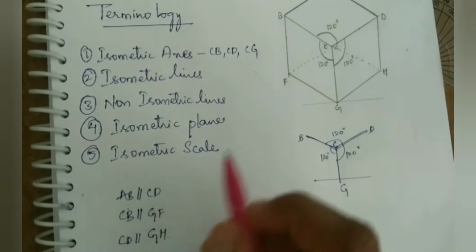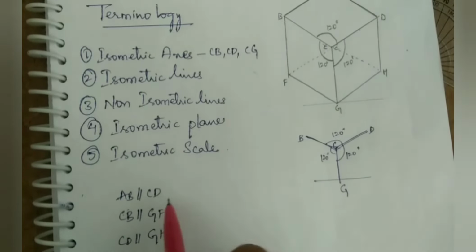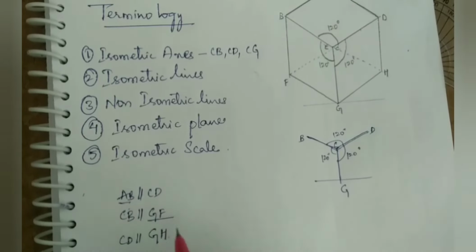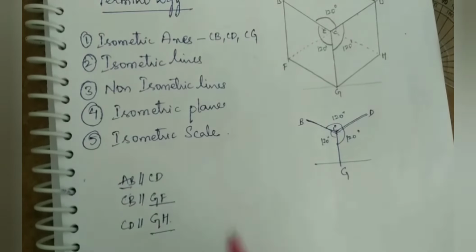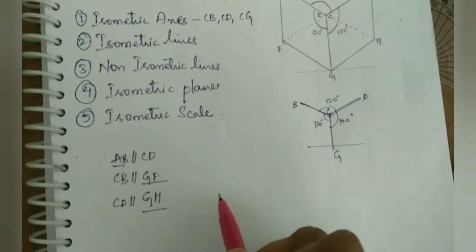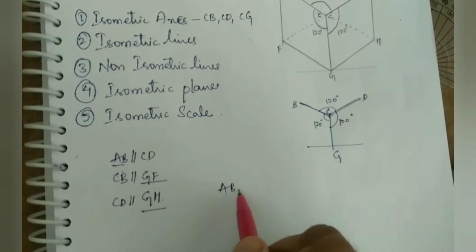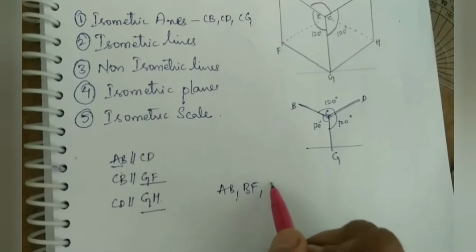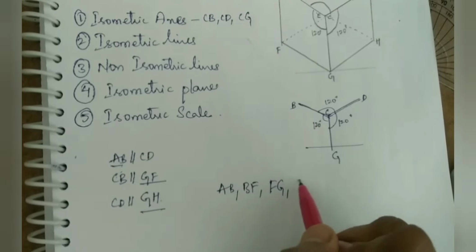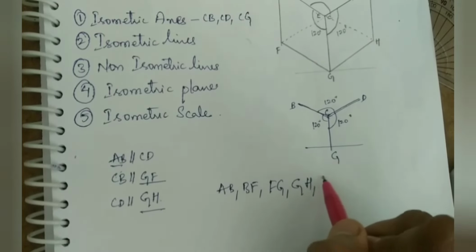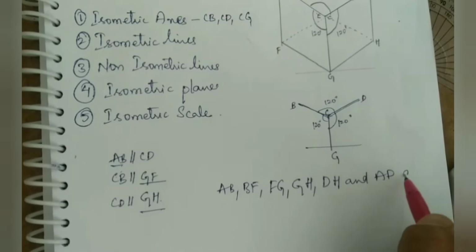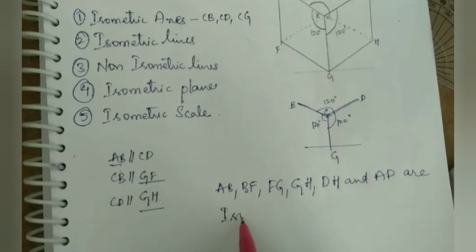Not only these three, other lines are also parallel. I'll make a common list: AB, BF, FG, GH, DH, and AD are isometric lines.